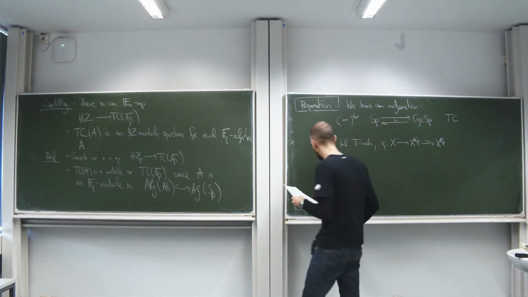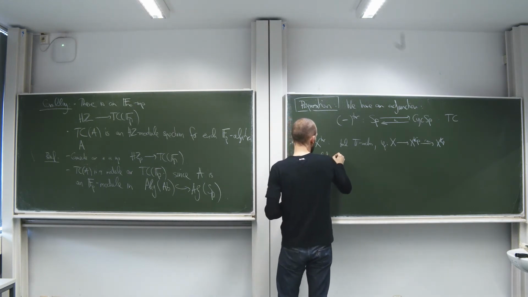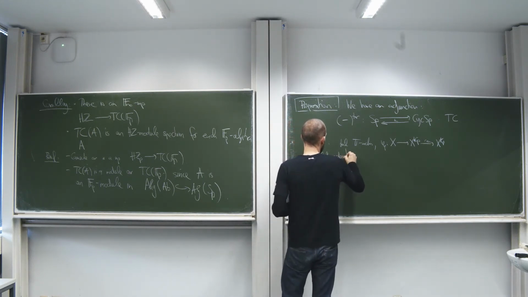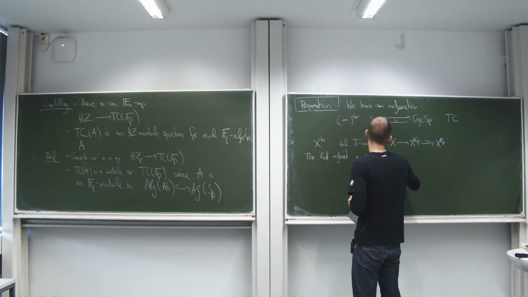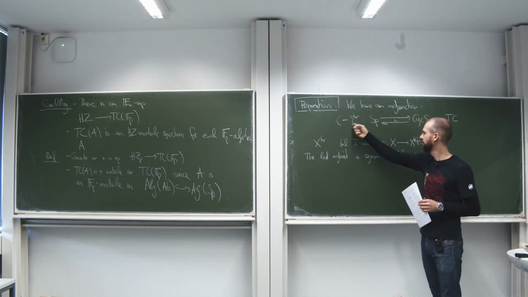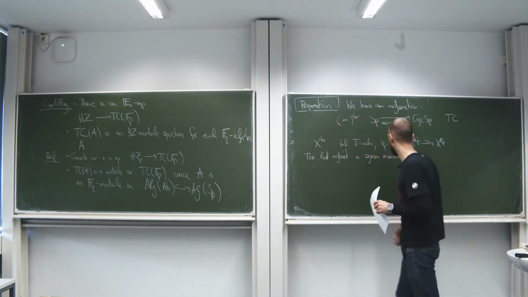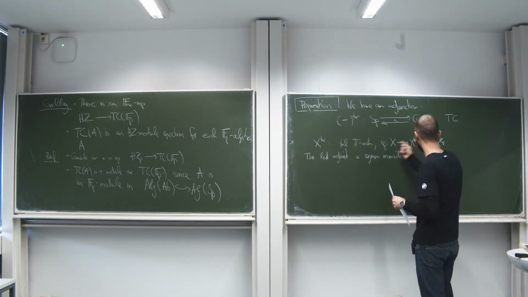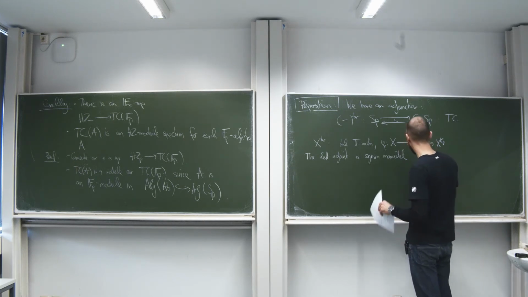And there's more that is true, and this I just want to use as a black box. So the left adjoint is symmetric monoidal. This is clear because the tensor product of cyclotomic spectra was just computed underlying.